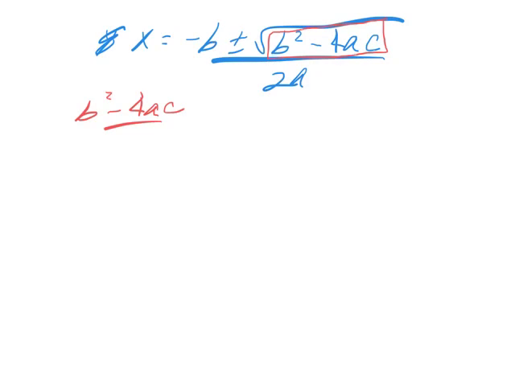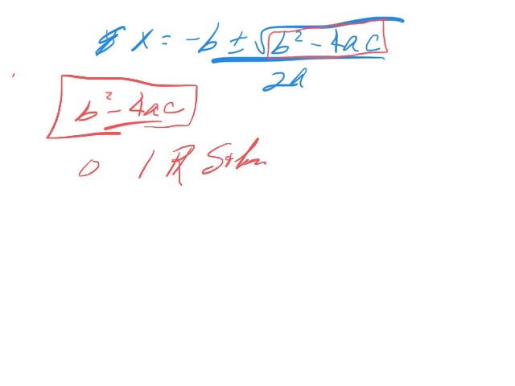So if we put our numbers in here for a, b, and c, and we get 0 for our answer, we get one real number solution. If we get a number greater than 0, so if this discriminant is bigger than 0, we get 2 real number solutions.